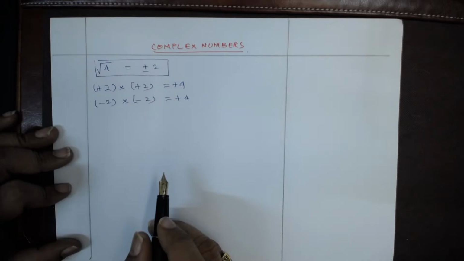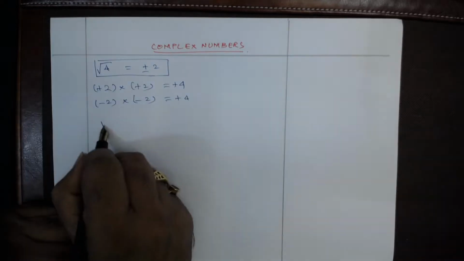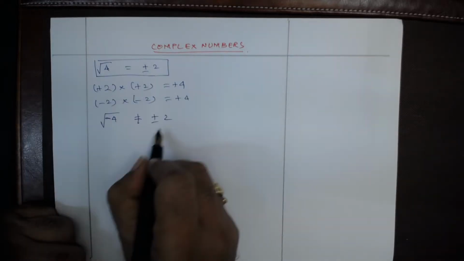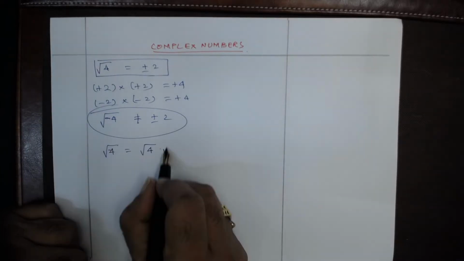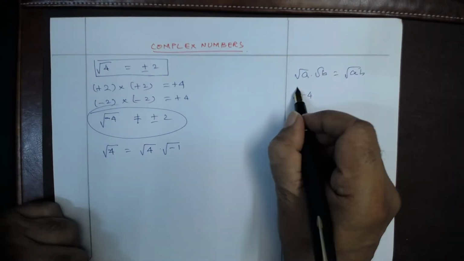And that is why plus or minus 2. Suppose it is minus 4, so instead you can write this as minus 4 can be written as 4 into minus 1, because we can apply the formula root a into root b is equal to root of ab.